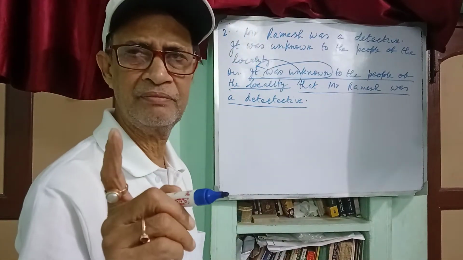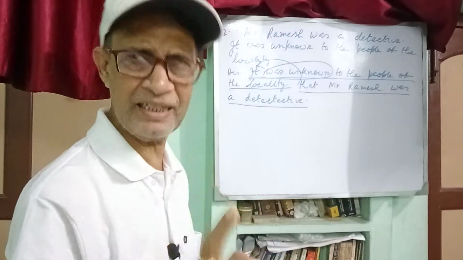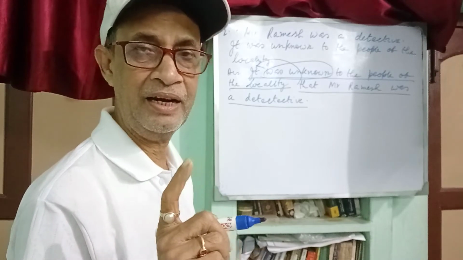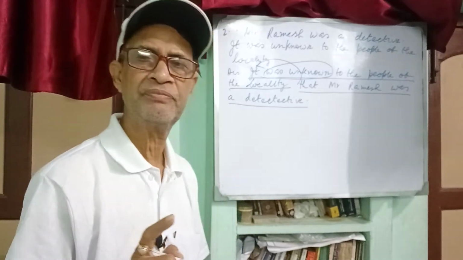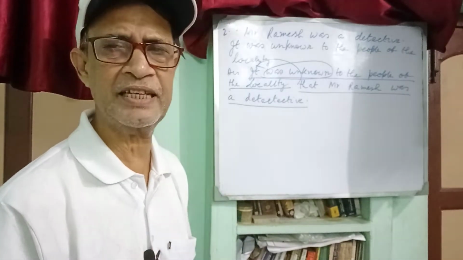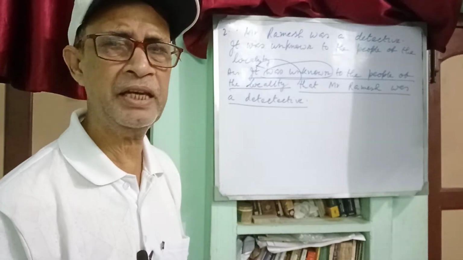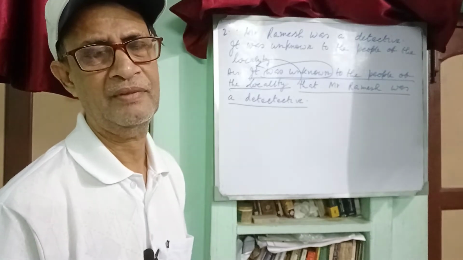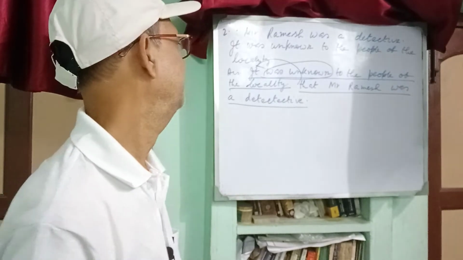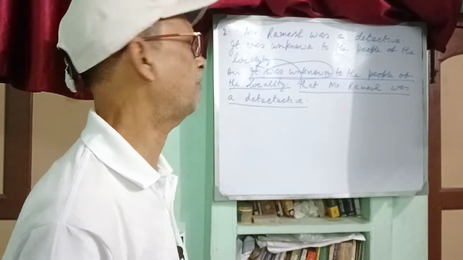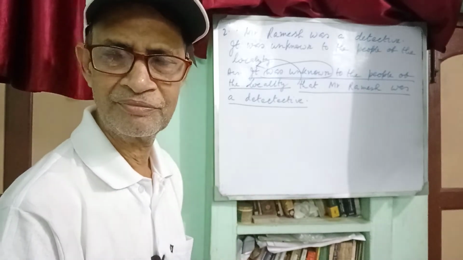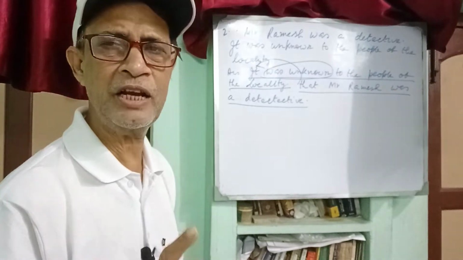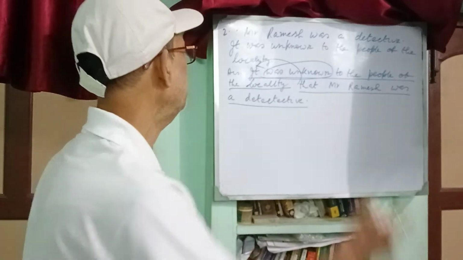What is it? It is a very peculiar grammar, and if we analyze the sentence, many of us will make a tremendous mistake, that it is object to the verb was unknown. No, it is noun in apposition or case in apposition to it.